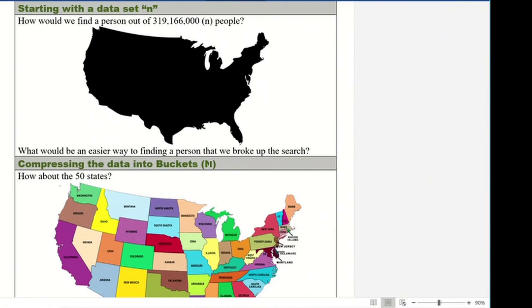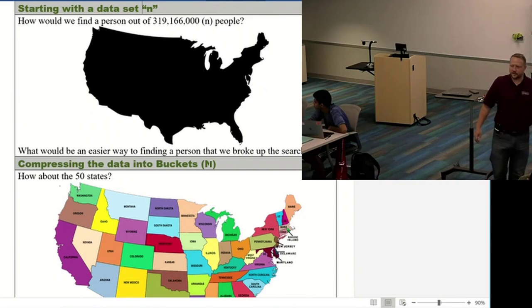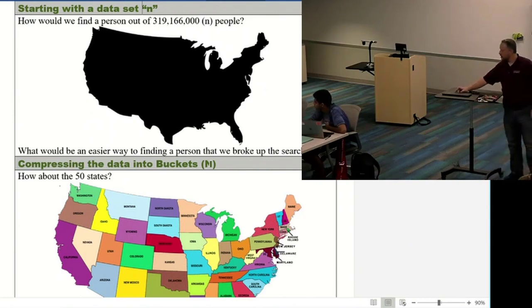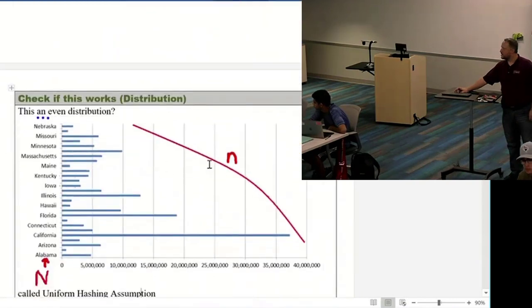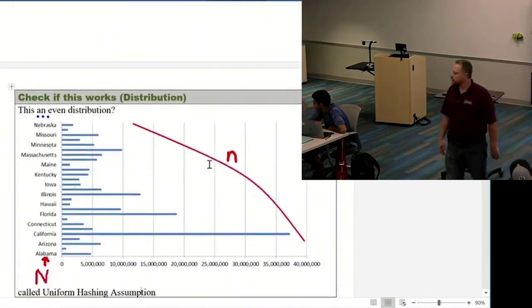So the first thought was, okay, why don't we break this up into buckets of states? This sounds like a good idea. You can break it down into 50 different states, and we just look at the 50 states if we need to. The bad part is that if we look at the demographics of the states, it's not an even distribution.